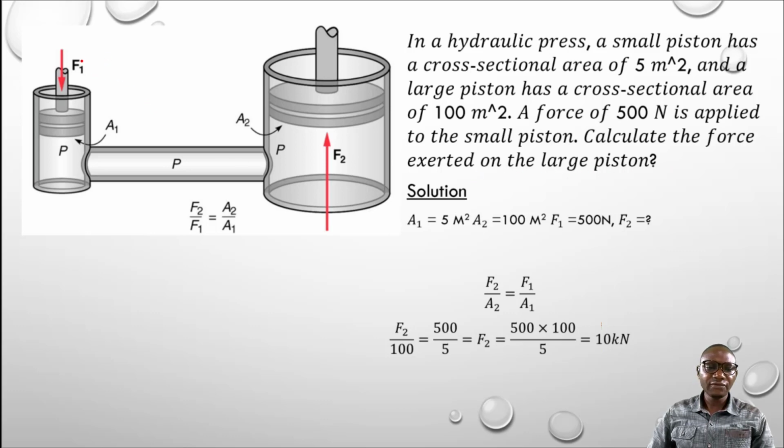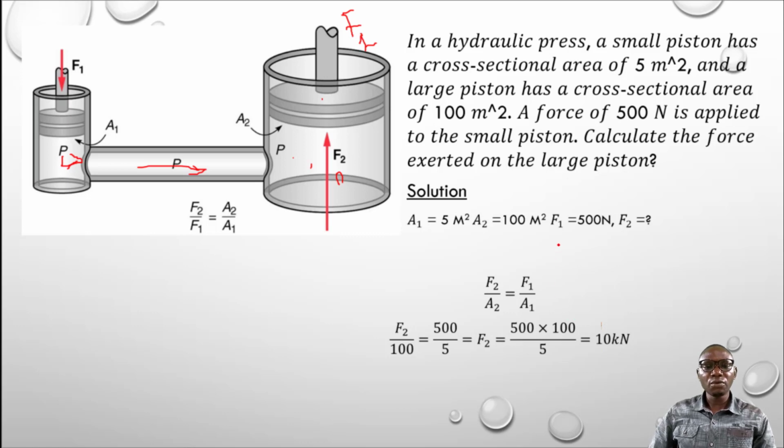That is, when F1 is applied here to this fluid, a pressure is created on the fluid considering this surface area, and the pressure is now transmitted throughout the fluid from this place to this place, even to all the fluid inside this bigger container now. And that pressure will now be used to lift whatever it is that is here. So we'll call this one here F2, which will be used to lift this.